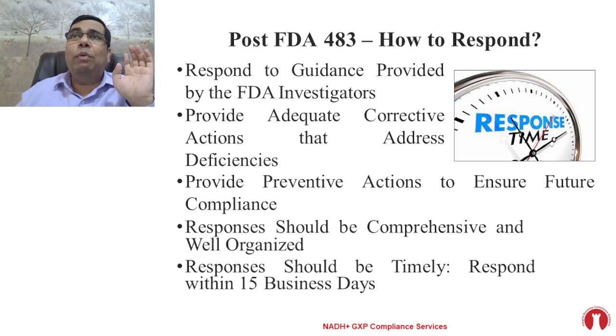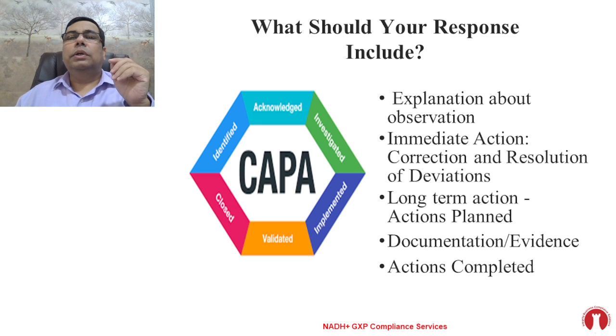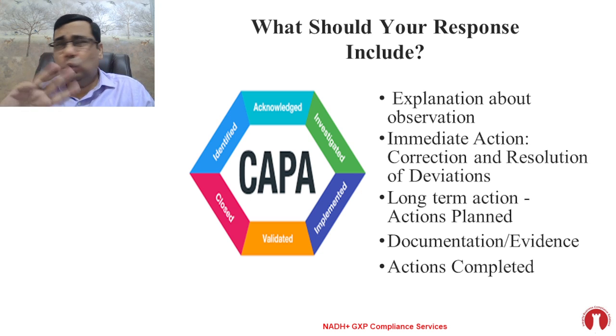A very important point I want to touch upon is that you have to focus on the corrective actions, short term actions and long term actions. You need to consider both while discussing this topic. So what should your response include? First, an explanation about the observation. I told you not to just go on writing corrective and preventive actions.